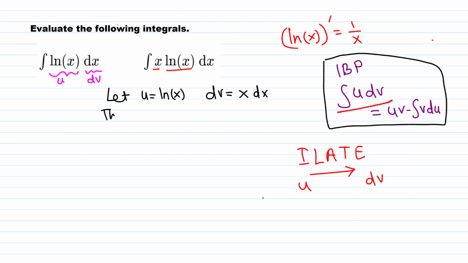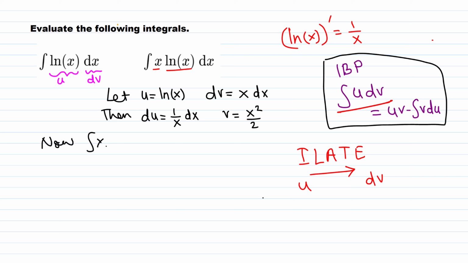If we do that, then we need to find du. That's 1 over x, du over dx, so I'm going to write dx on the other side. Integrate here, so v equals the antiderivative of x, which is x squared over 2. Now let's use the formula.